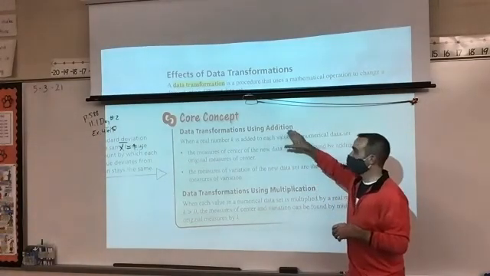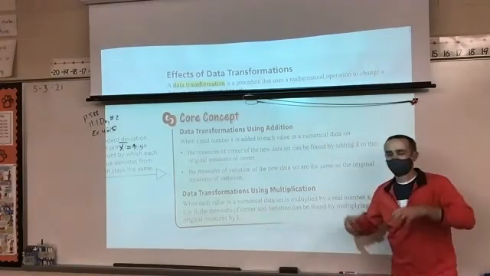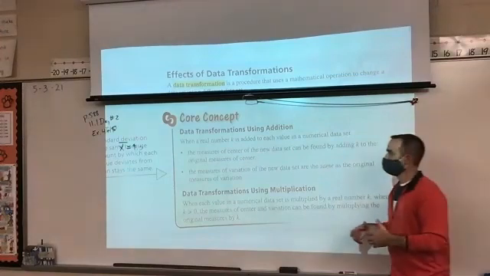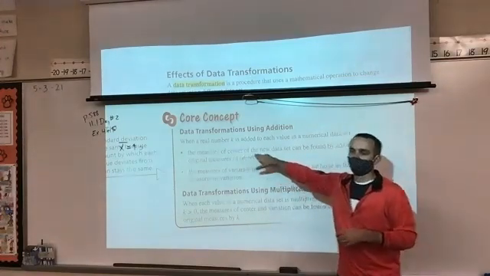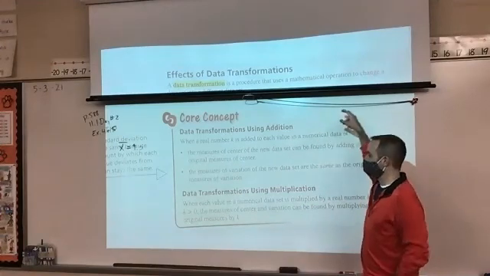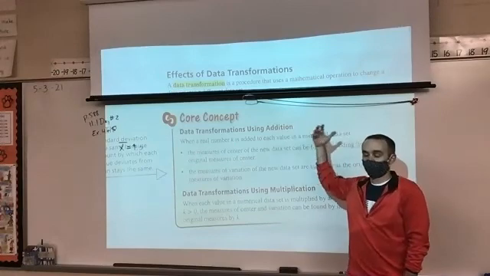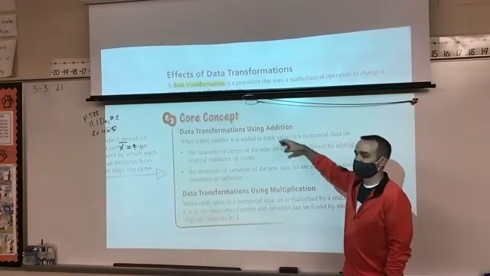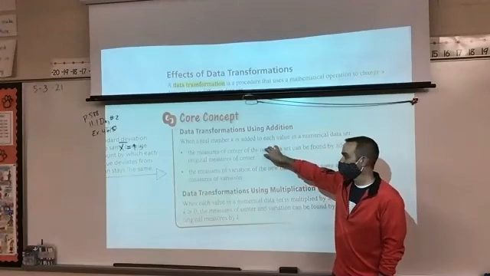If I'm adding a number to everything, I take all of the numbers in my data set, I add 5 to all of them. All right, well, the mean, median, and mode, which are the measures of center, are all going to be added by 5. We're going to add 5 to all of them. Whatever you add to every data point, you're going to add that to mean, median, mode.